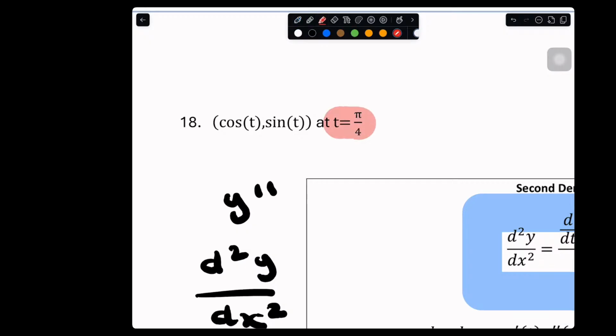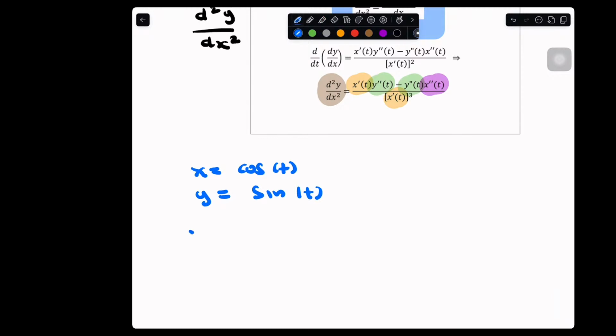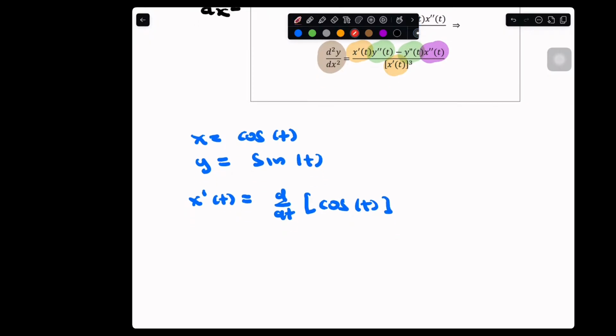So we're going to need x prime t, which is the derivative of cosine, we know is minus sine. The derivative now of sine is going to be cosine.